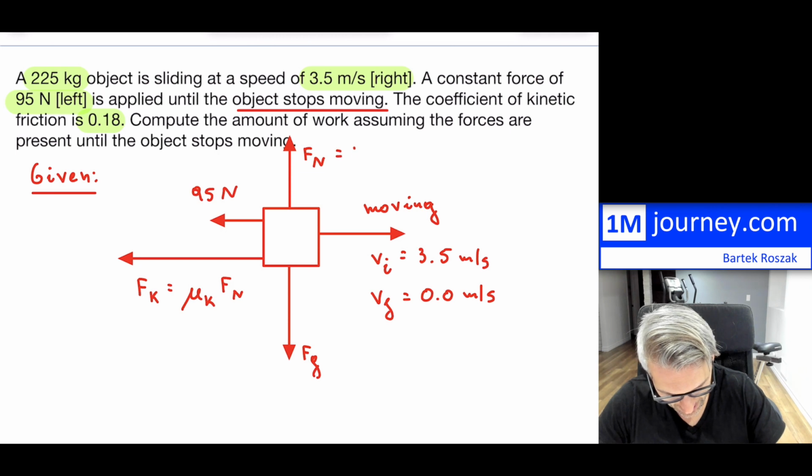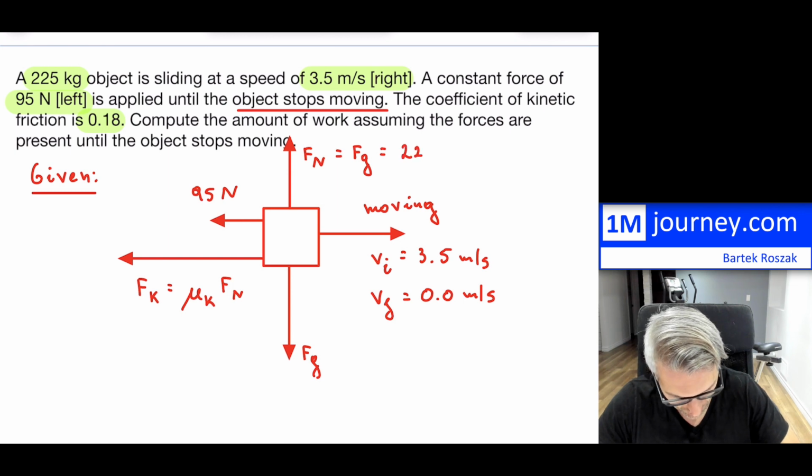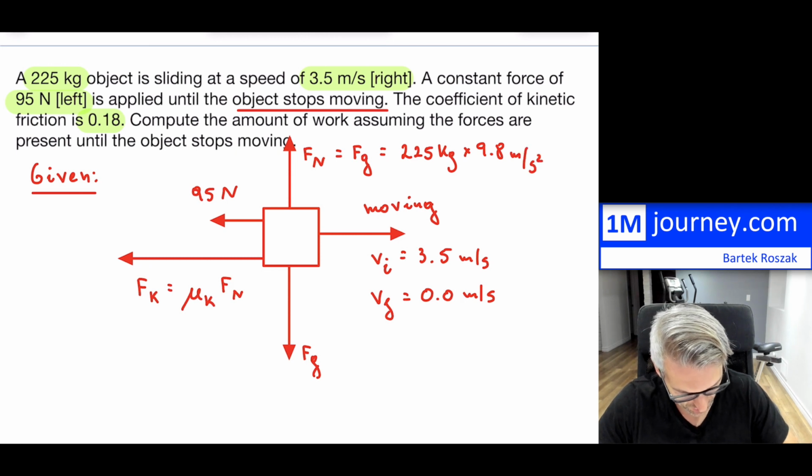So Fn is equal to the force of gravity, which we can certainly find out. That's going to be mass, which is 225 kilograms, multiplied by the acceleration due to gravity. I'll just assume it's 9.8 meters per second squared.